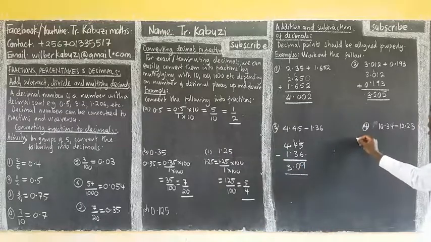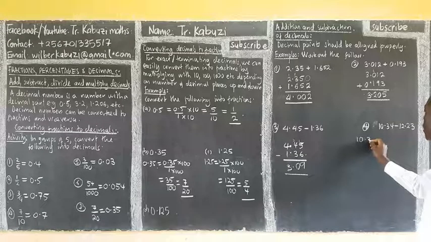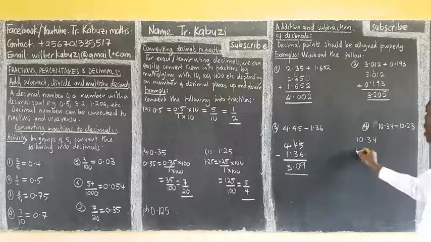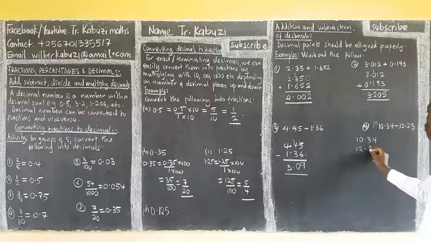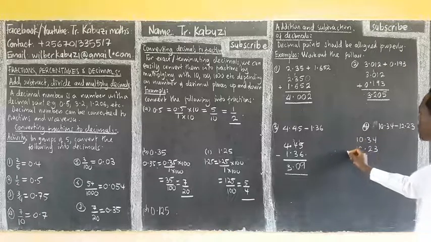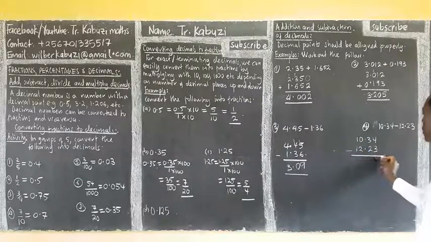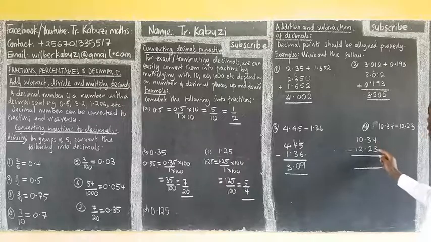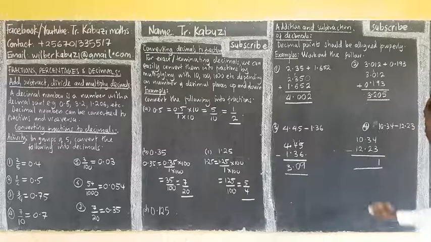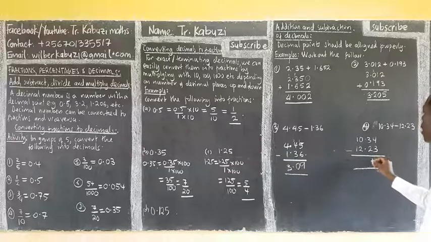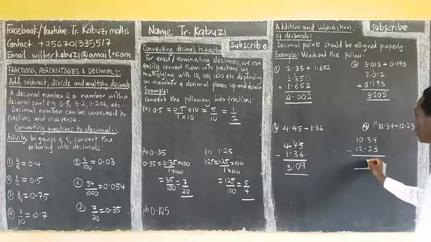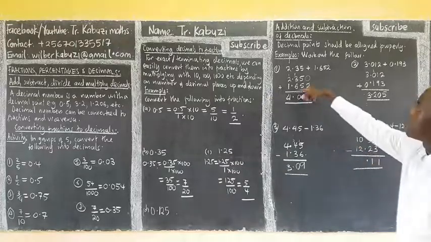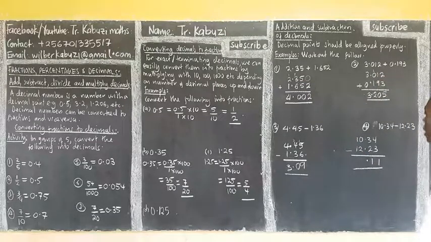When we come to this, we have 10.34, then we have 12.23. We are subtracting. 4 minus 3, 1, 3 minus 2, we get 1. Point. You see, our point is always the same as you can see.